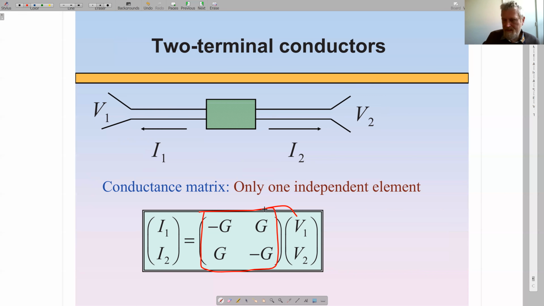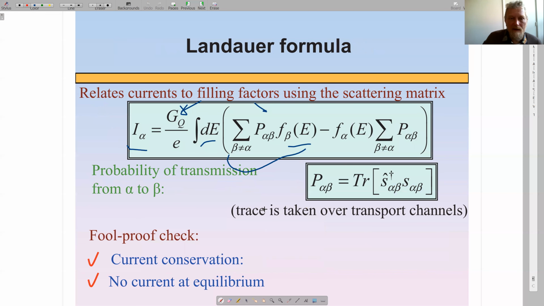Fine. Conductance matrix, 2 by 2 matrix with a single independent element. Right. And now the Landauer formula. So it looks similar to the two-leads situation, but of course it does not.